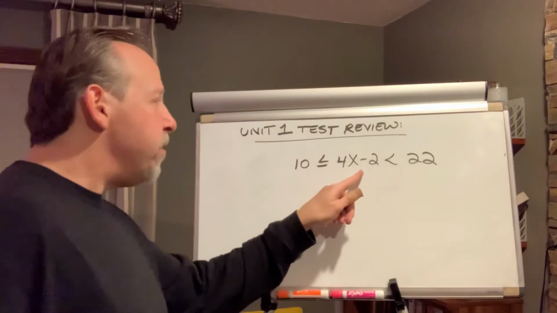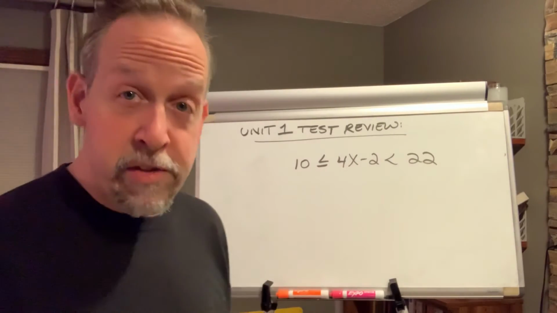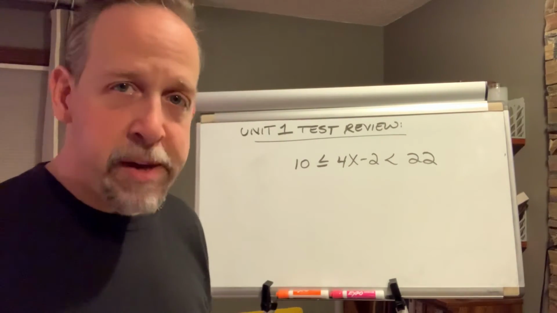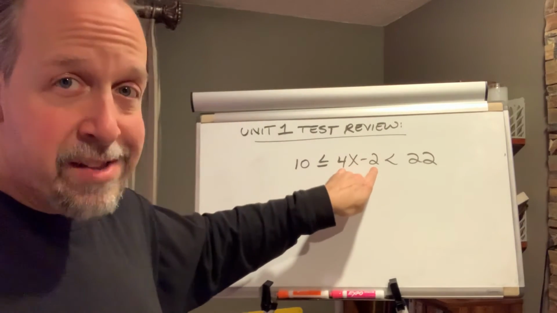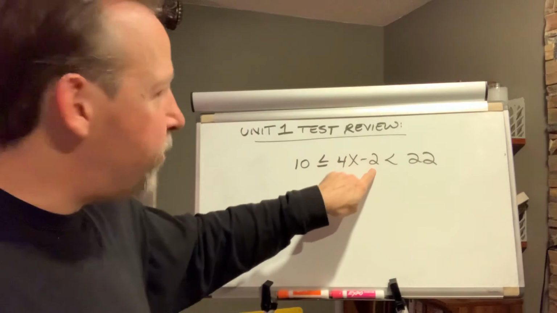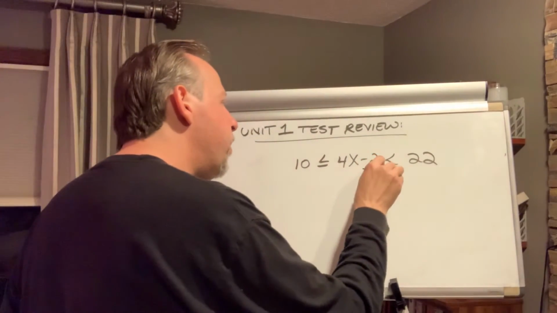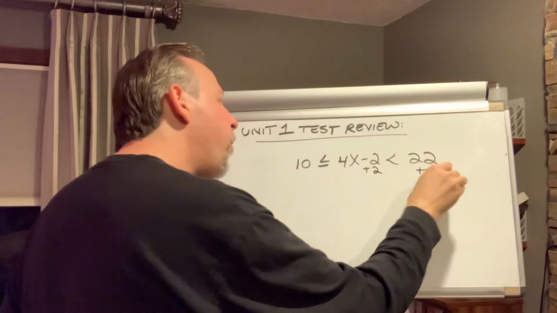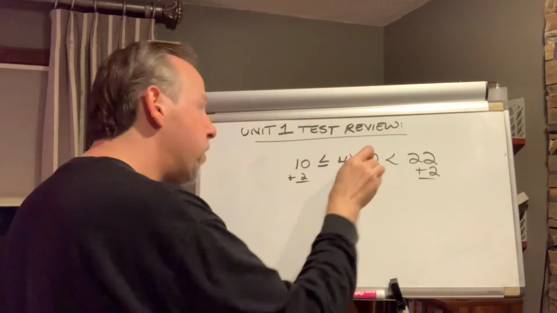How do we solve a compound inequality that is between two other inequality symbols? Well, we're still trying to get the x by itself. It says 4x minus 2 in that section in the center. I want to get x by itself, so I'm going to get rid of that minus 2 by adding 2 to each one of these sections to keep it all in balance.